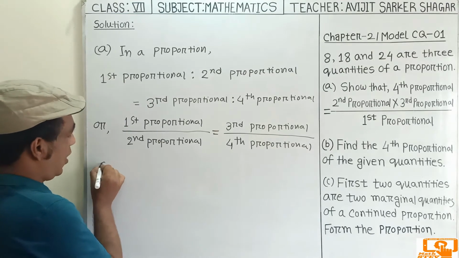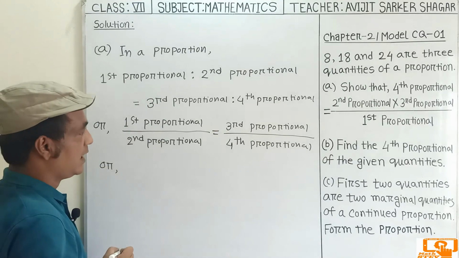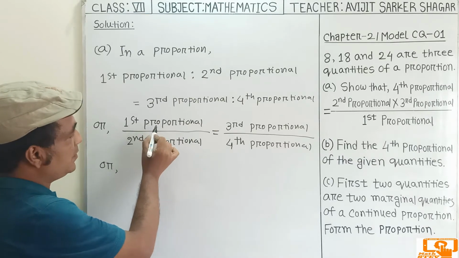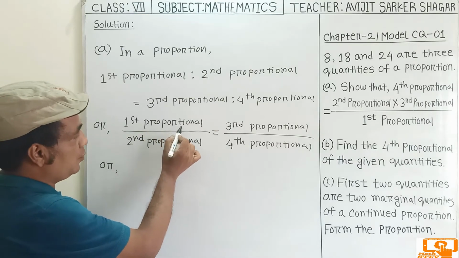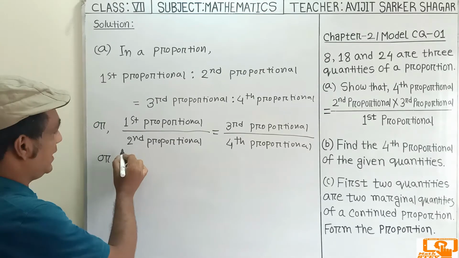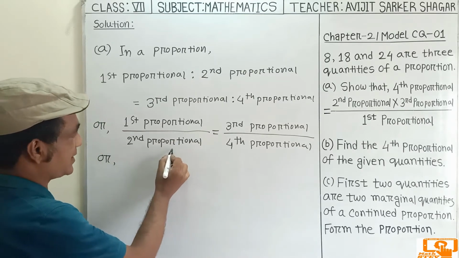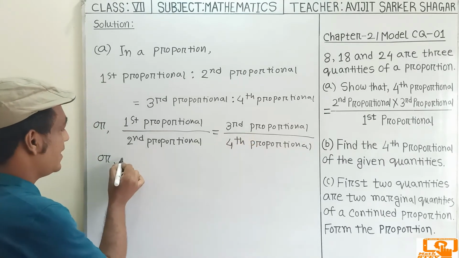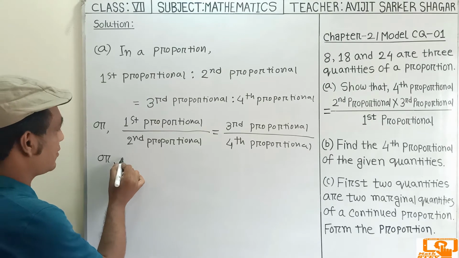Okay, there are two sides. Now the numerator of the first side will be multiplied by the denominator of the second side, equals the denominator of the first side multiplied by the numerator of the second side. Okay, this is cross multiplication.